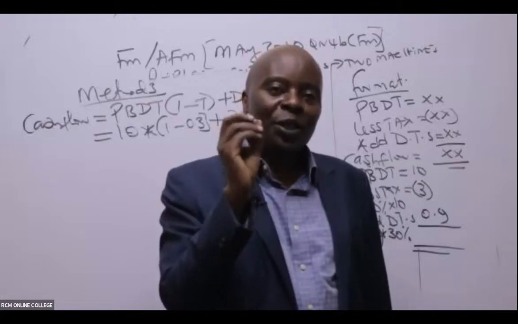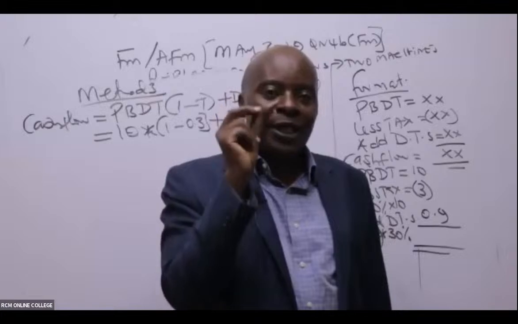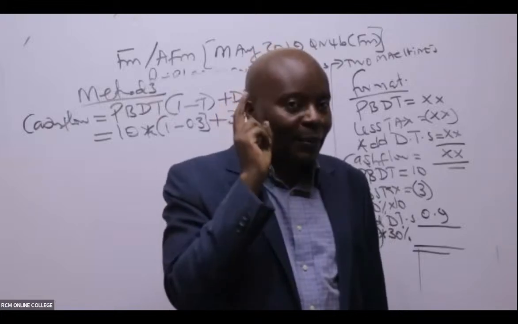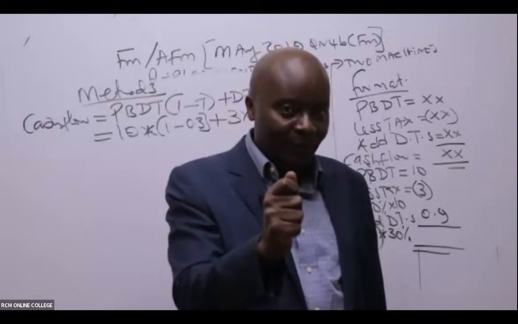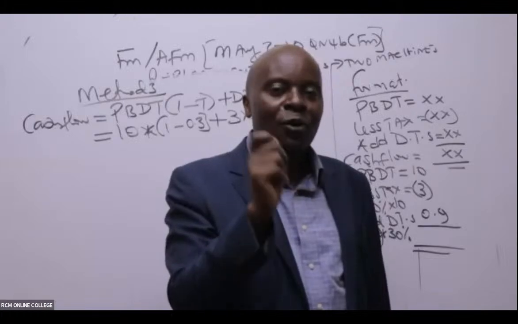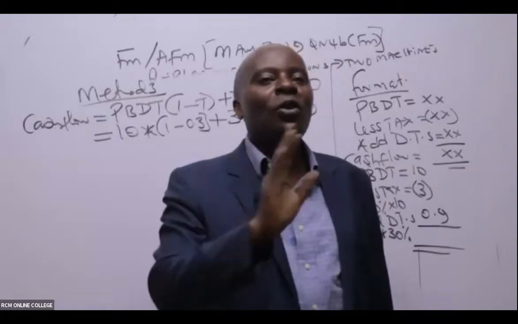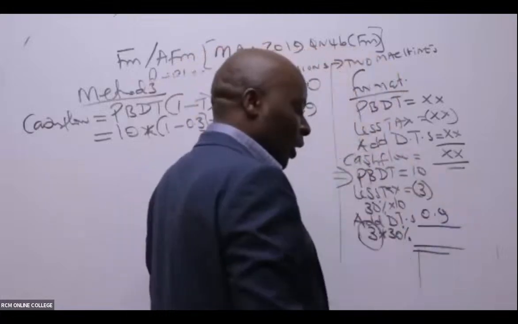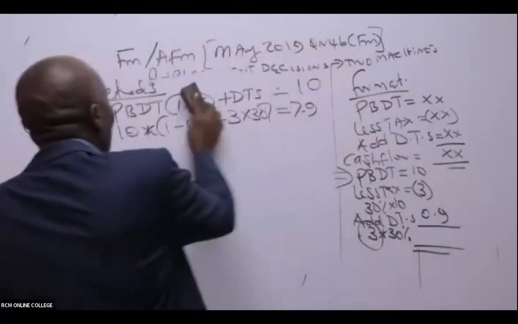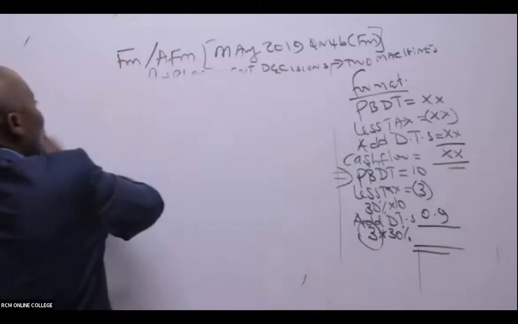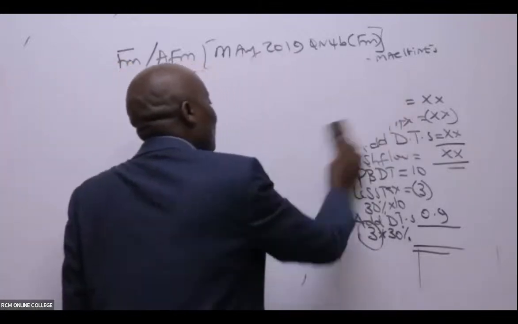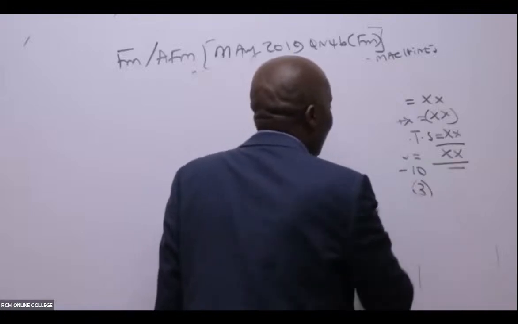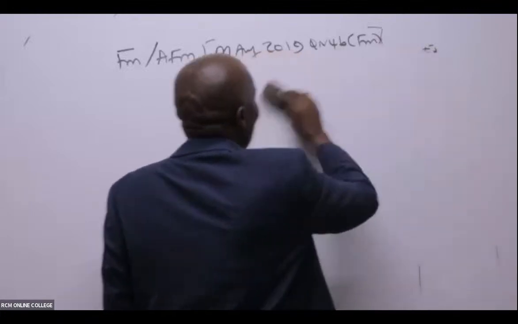Number 1, depreciations of the 2 machines, and number 2, the other thing that normally defeats them, is the profit on disposal of the old machine. Those are the two technical areas. Once you understand how to handle those two technical areas, then you should be able to pass this. This is a very, very common question.